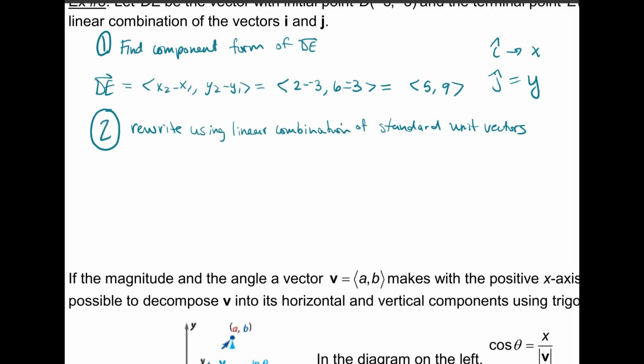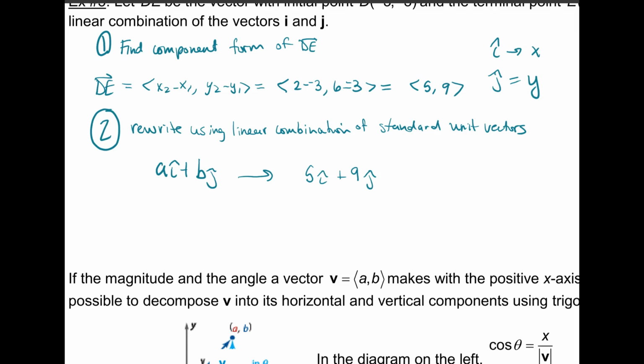Let's finish this problem. The hats denote that it's a unit vector. So I could rewrite this as 5i plus 9j.